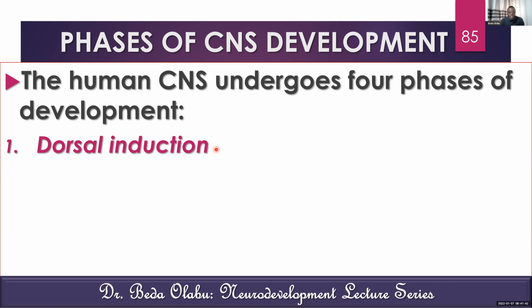Once that has happened, then we have the phase of ventral induction, which involves induction of the primary neural tube so that it can form vesicles that give rise to the brain, what we call the primary and secondary brain vesicles.